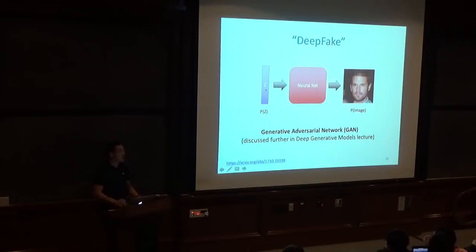So I sample Z as a Gaussian random variable, and then this neural net maps from this Z to an image. And now, in order to sample new images that hopefully look like the images in our training set, we just first sample Z, and then we run this neural net on this Z, and we get this image. And again, we'll discuss these things further in the deep generative models lecture.